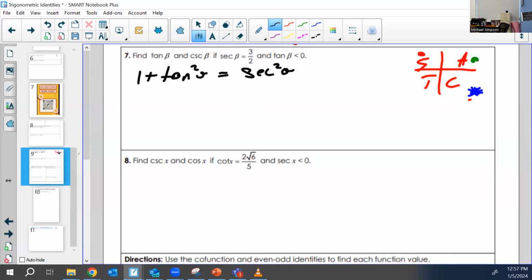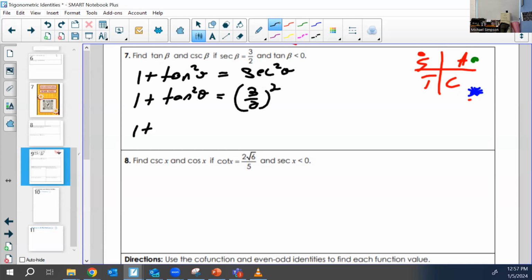Okay. So 1 plus tan squared theta, they use beta, I'm going to use theta, is equal to secant, which is 3/2. So it's 3/2 squared.